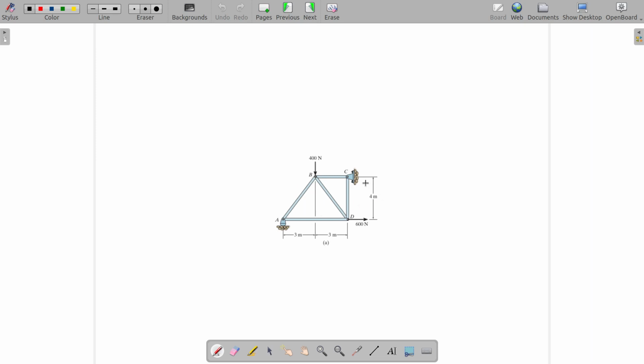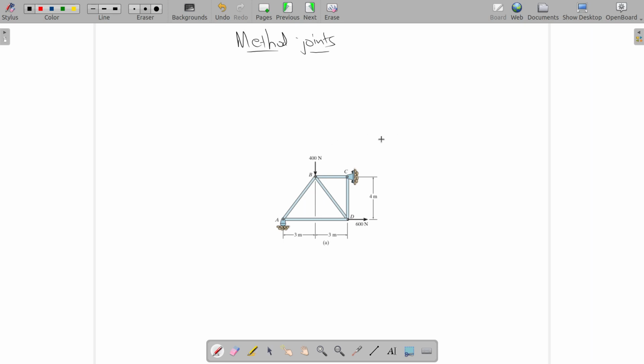You have a roller support here, and here you have a fixed support. Of course, all joints are pinned. Consider if you are using the method of joints, which is the only technique we have studied so far.